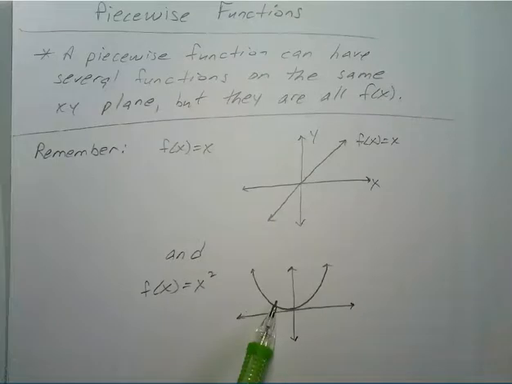So this is your f of x equals x squared. What we're going to do is combine those two graphs onto one graph, just in pieces.